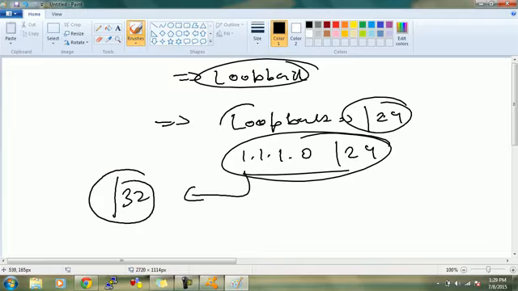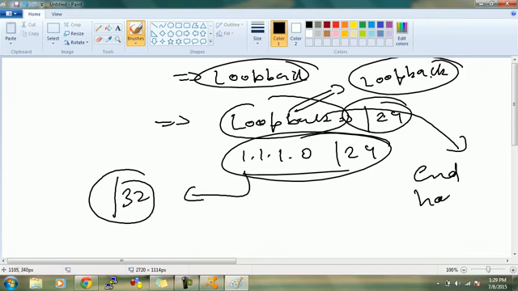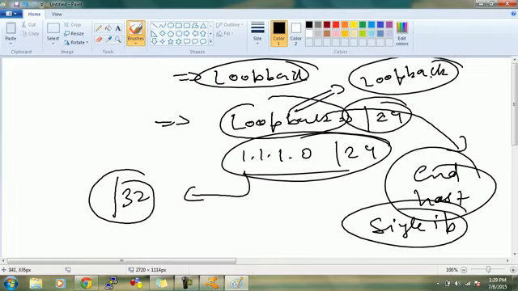Because for loopbacks, OSPF has a network type called loopback, and OSPF considers this particular loopback as an end host. End host means a single IP. This thing is clear. So at what mask you are creating the loopback, OSPF doesn't matter. OSPF will always advertise that loopback at /32.